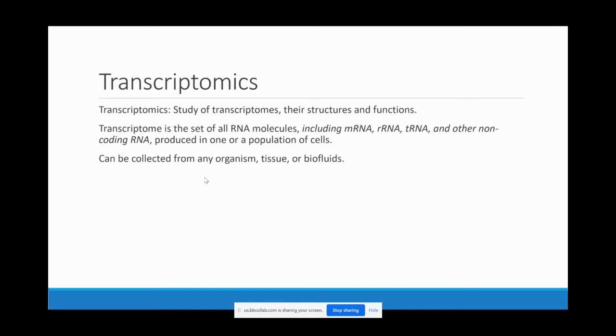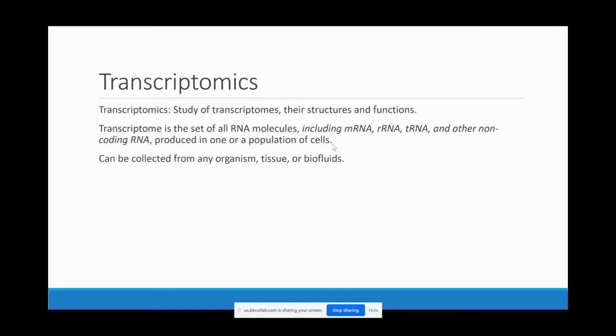There's actually lots of types of RNAs. The main one that people focus on is mRNA. Remember, messenger RNA is the one sending the message, right? It is the one that is telling the body what proteins to make. It's the messenger that came from DNA to make proteins.